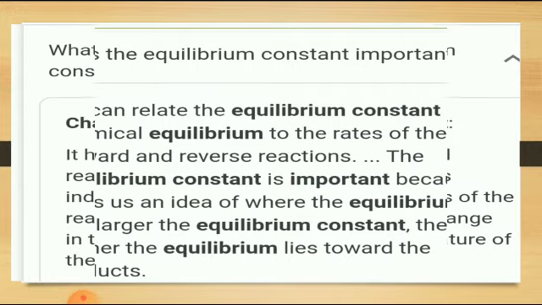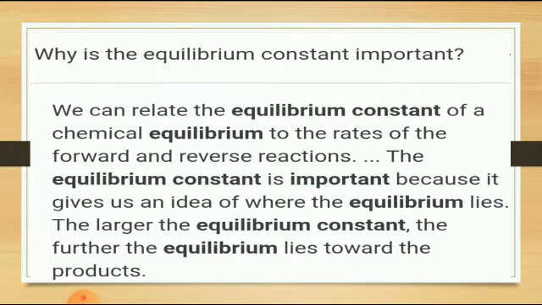Okay, next, why is the equilibrium constant important? Answer is, we can relate the equilibrium constant of a chemical equilibrium to the rates of forward and reverse reaction. The equilibrium constant is important because it gives us an idea where the equilibrium lies, either on forward side, or on backward side.